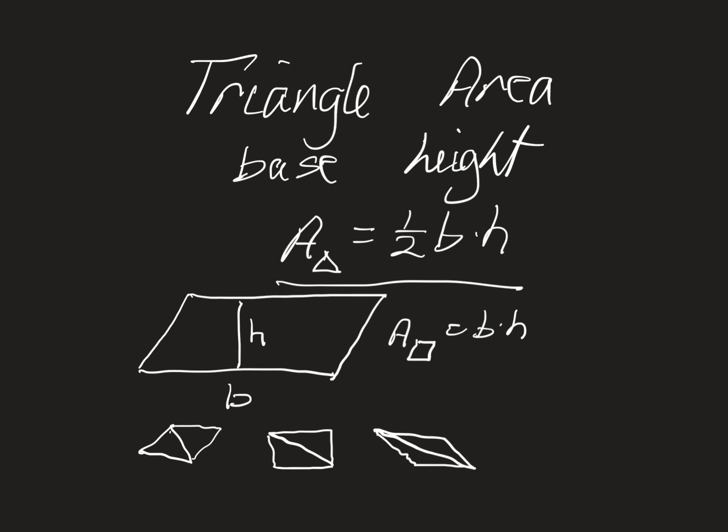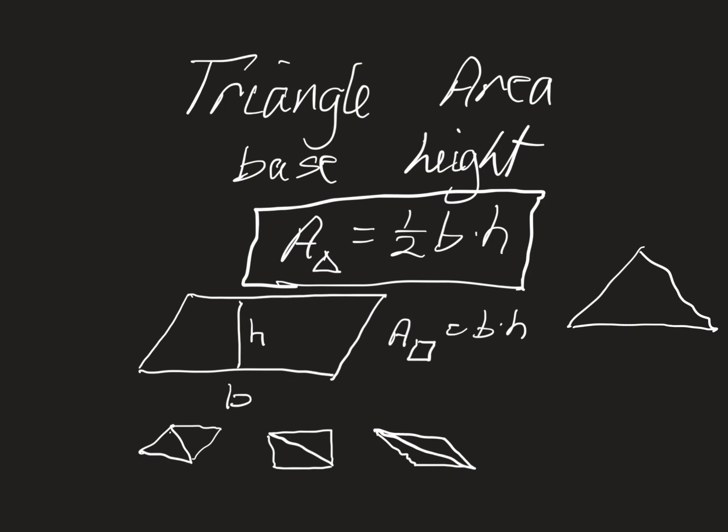Now, the key to this formula is you had to know two specific things about a triangle. You had to know the height and you had to know the base. That height is also an altitude.